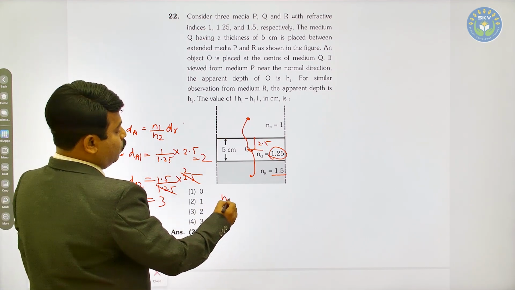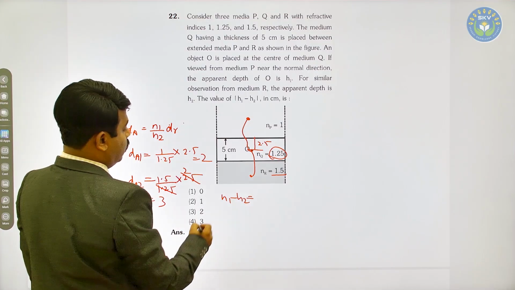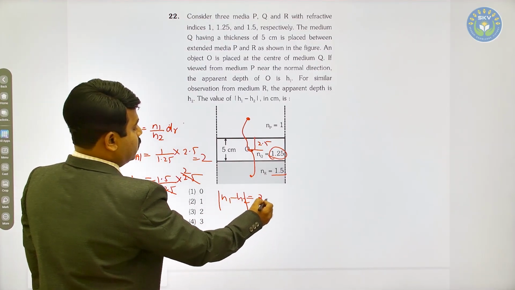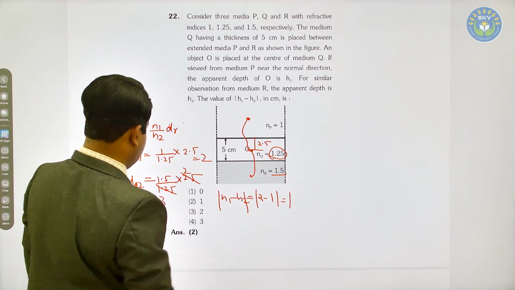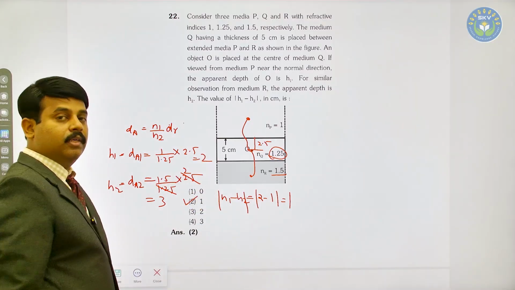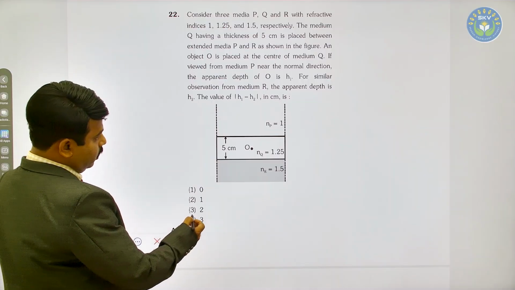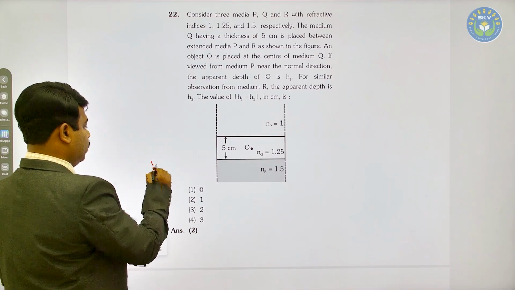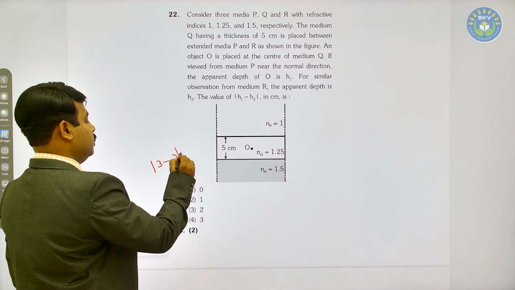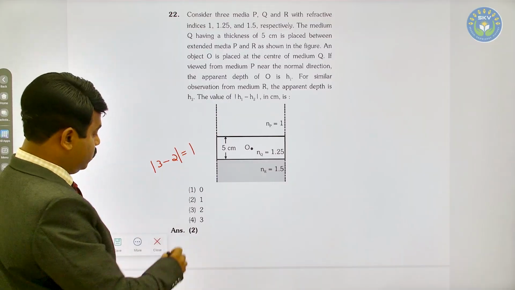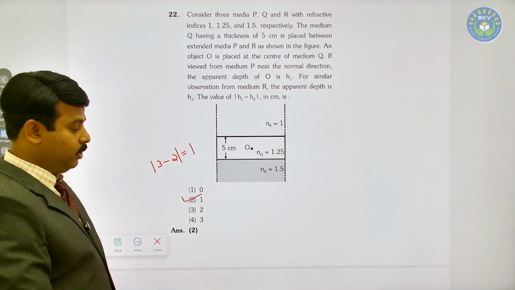Then h1 minus h2 is equal to 3 minus 2, that is equal to 1, so option 2 is correct. Sorry, 3 minus 2, not 2 minus 1.